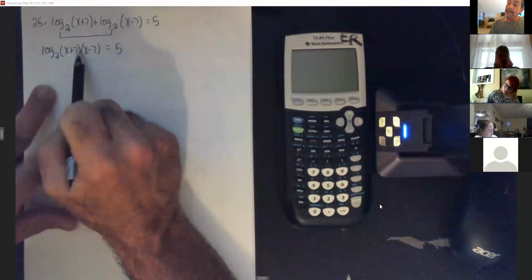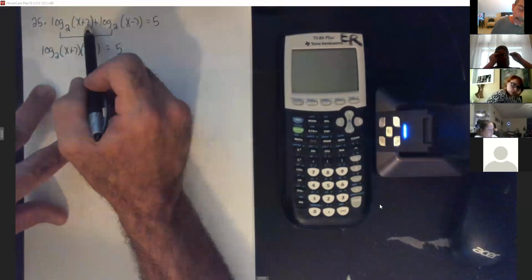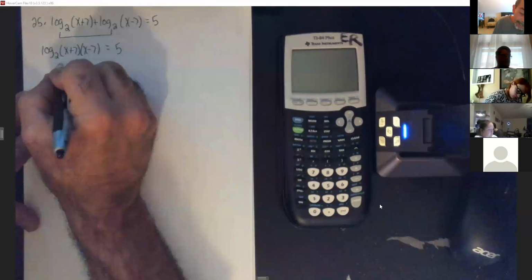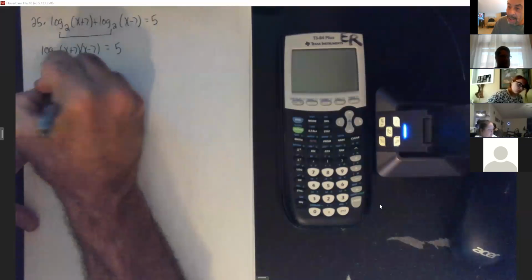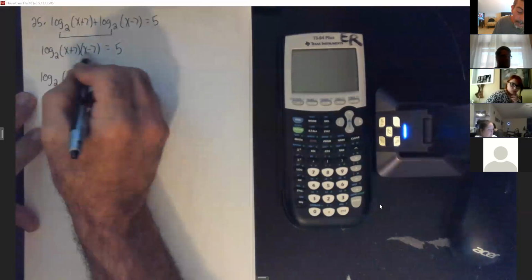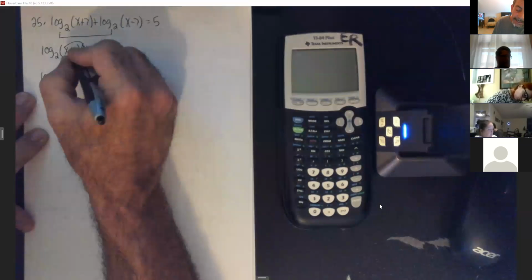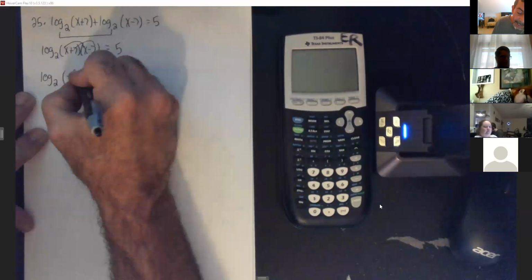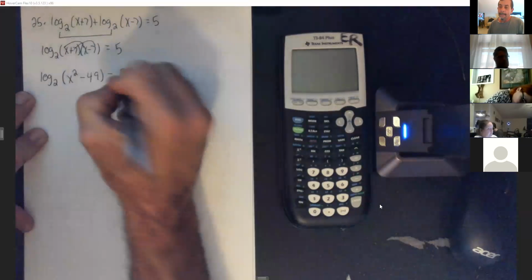A while ago they were being subtracted, so they got written as a quotient. Now, I'm going to multiply that real quick. Since these are conjugate pairs, I'm going to multiply the x times x and get an x squared. And then the 7 times negative 7, get a negative 49. All that's equal to 5.